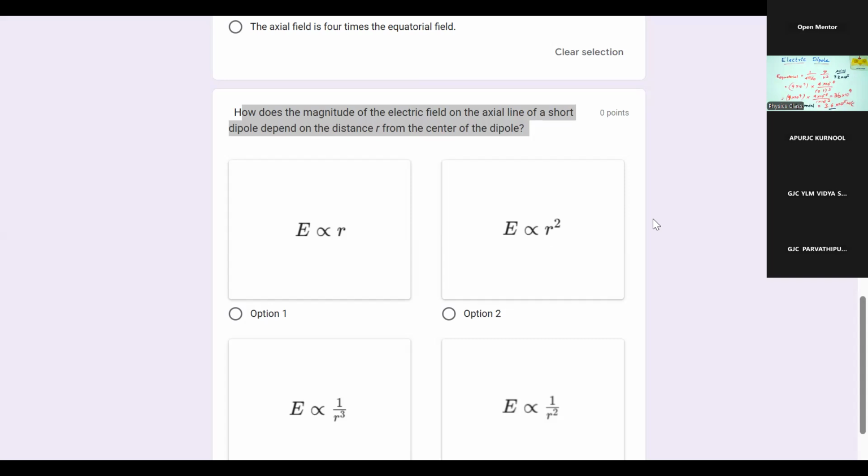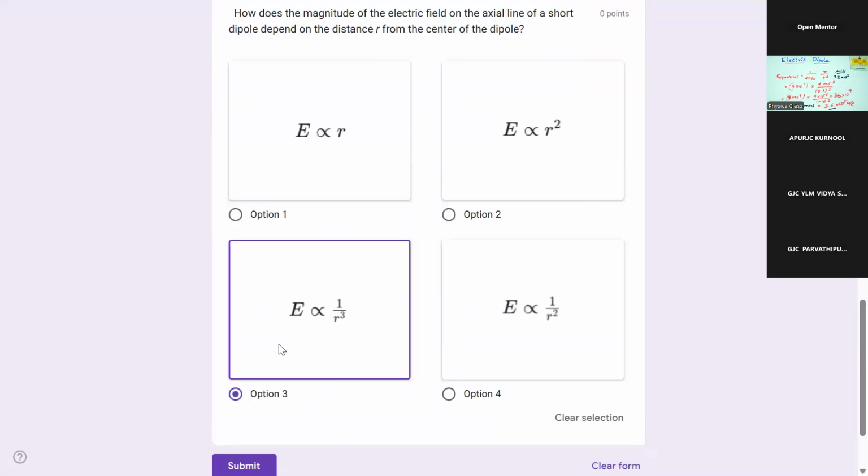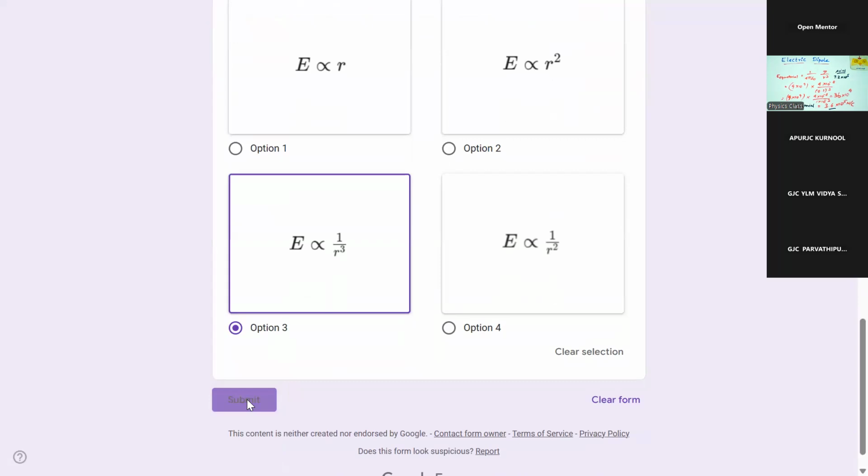But the electric field mainly depends upon the distance r from the center of the dipole. So E is directly proportional to 1 by r cube. Very good. Now we can check the answers.